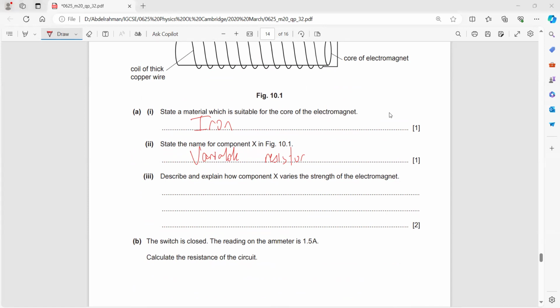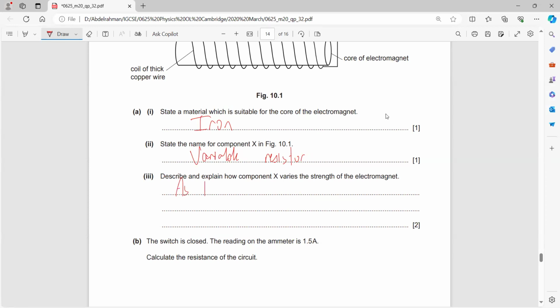As the resistance increases or decreases, the current will be inversely proportional. For example, as the resistance increases, the current will decrease, and therefore the electromagnet will become weaker. How does it vary the strength? It is definitely inversely proportional.